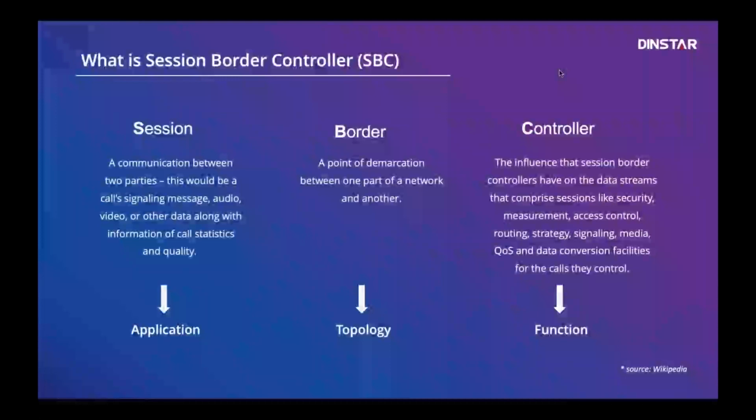Border. SBC is situated at the edge or a border between two networks, usually between a trusted network, for example, your enterprise network, LAN, and an untrusted network, for example, public network, WAN, internet.